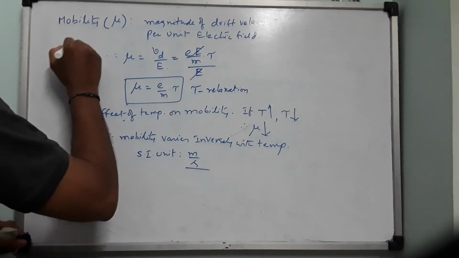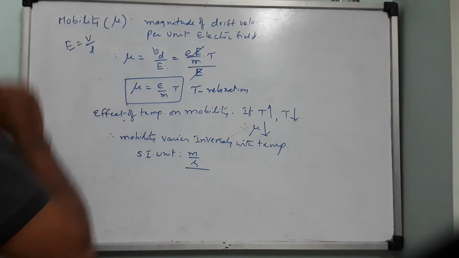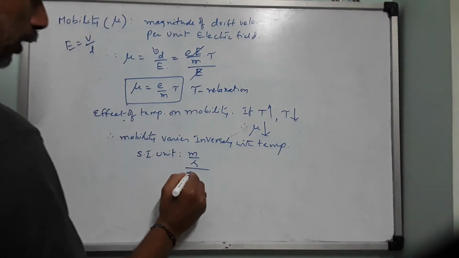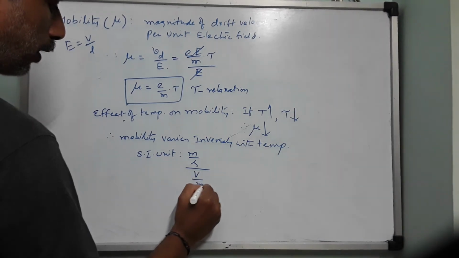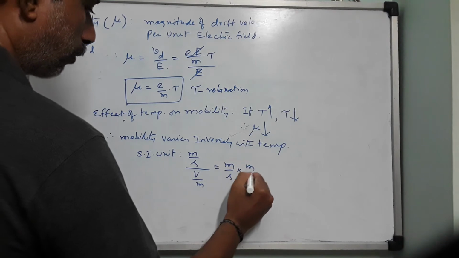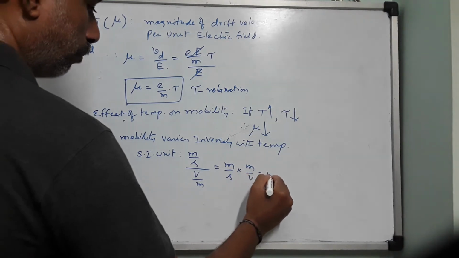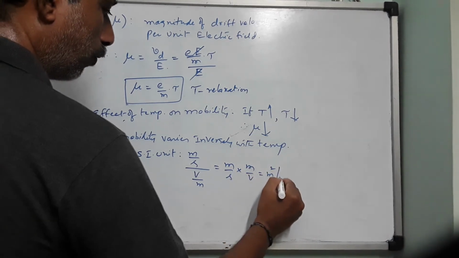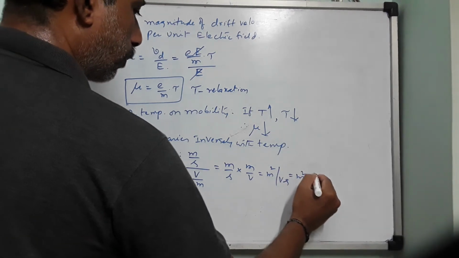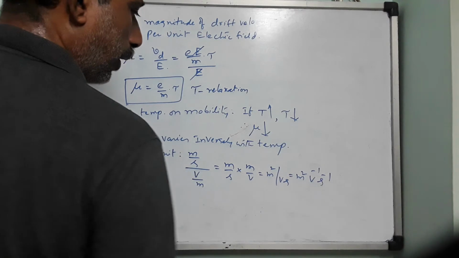E equals V by L, a basic relation. V is measured in volt, and L is measured in meter. So volt divided by meter. So this will be meter per second into meter per volt. Therefore the unit is meter square per volt second, that is m² V⁻¹ s⁻¹.